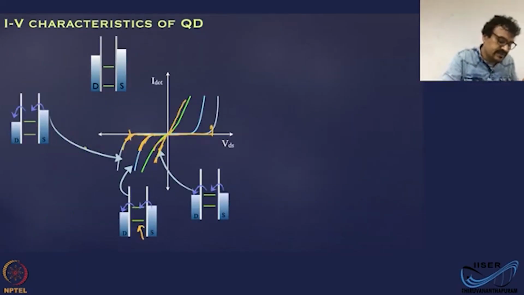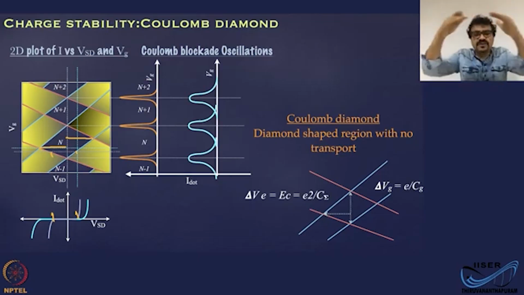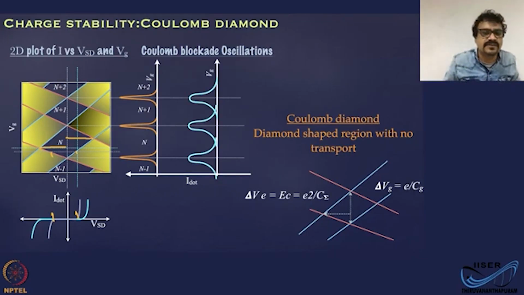You can start with the maximum blockade here, and then you can reduce the blockade successively by applying more and more gate voltage. Then in the two-dimensional plot, you are going to get this sloping or triangle behavior. The same thing happens to the other half also. When you add these two together, you will get a diamond-shaped region. That's what you are seeing.